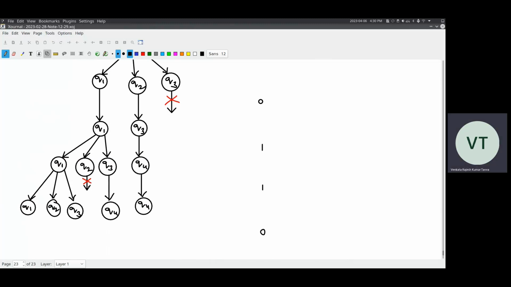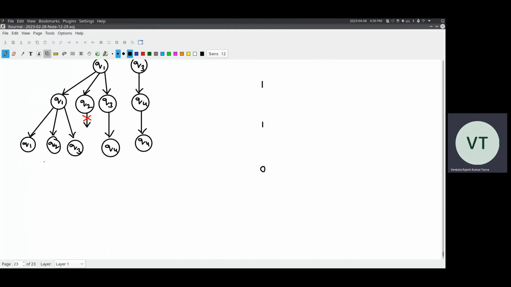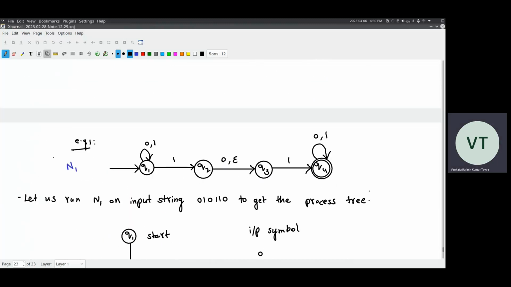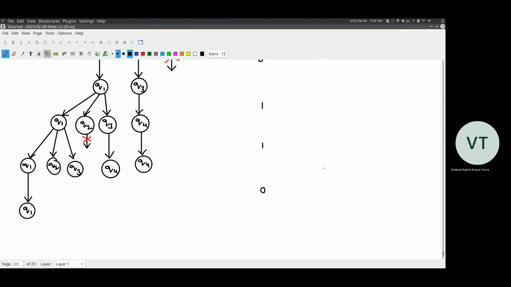Okay? So Q1 on 0 goes to Q1. Q2 on 0 goes to Q3. Q3 on 0 is a dead end. Q4 on 0 goes to Q4.